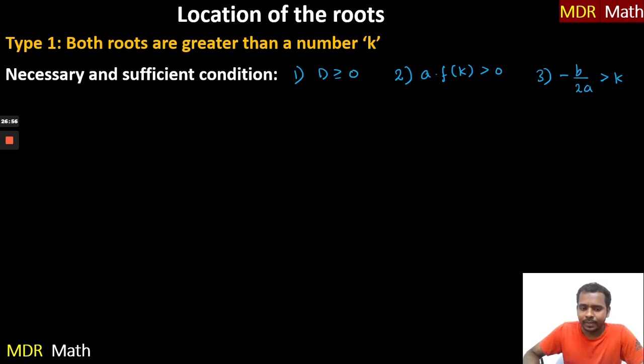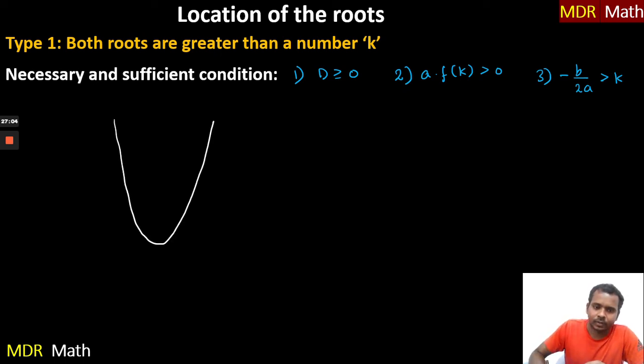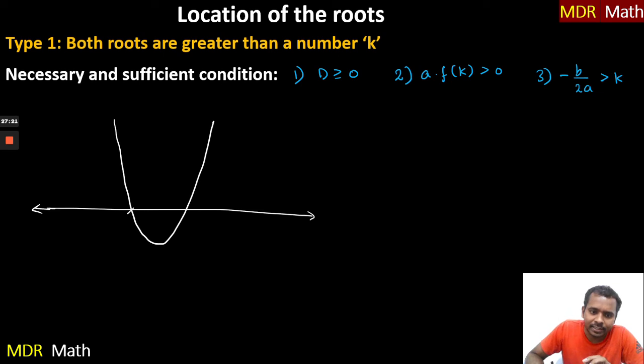So there are two possibilities. Let's say this is the x-axis and this is the given curve, and wherever this curve touches the x-axis, you will see the roots. Let's say that alpha and beta are the roots here.